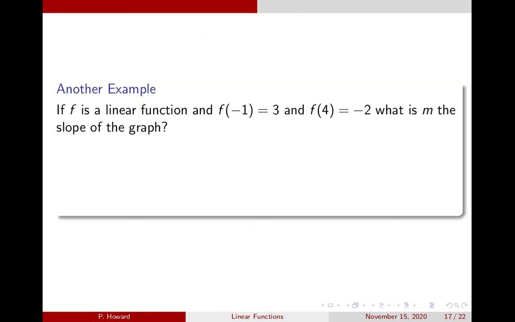Let's try another example. This time we have a linear function, and we know f of minus 1 is 3, and f of 4 is minus 2, and we want to find the slope. We want to find m. This time I'm simply going to use the formula. So a is minus 1 and c is 4.